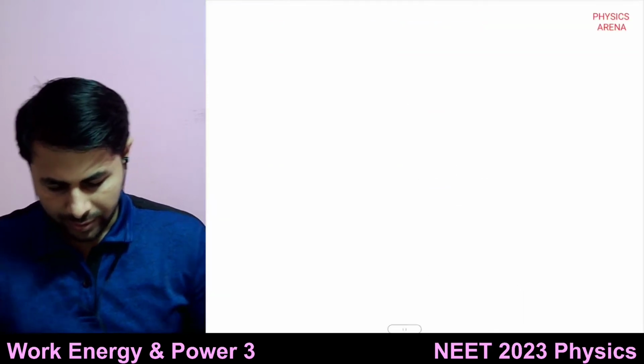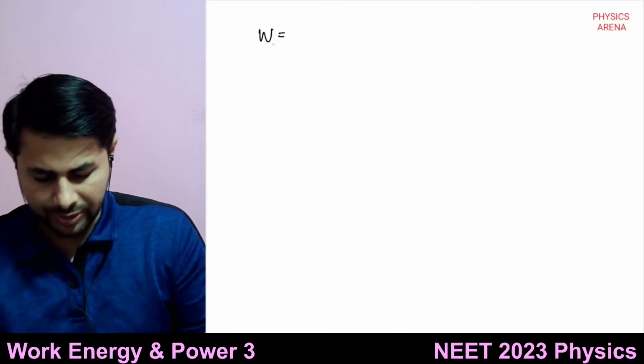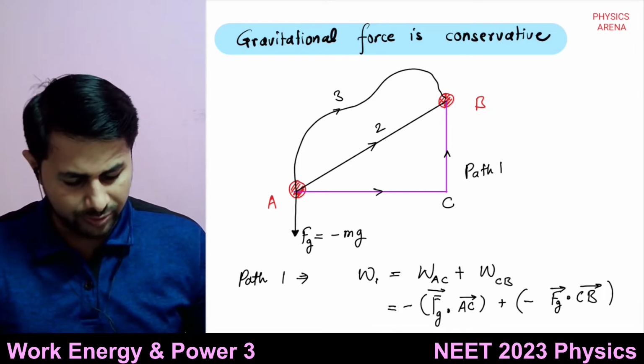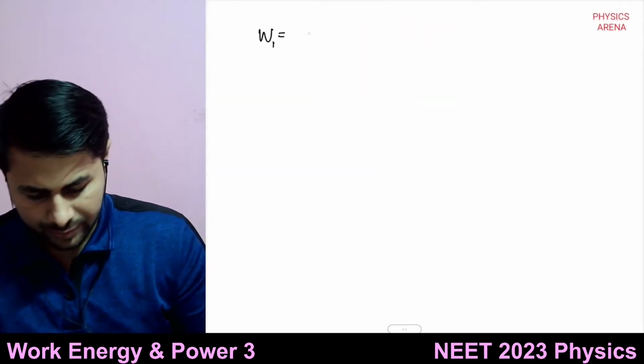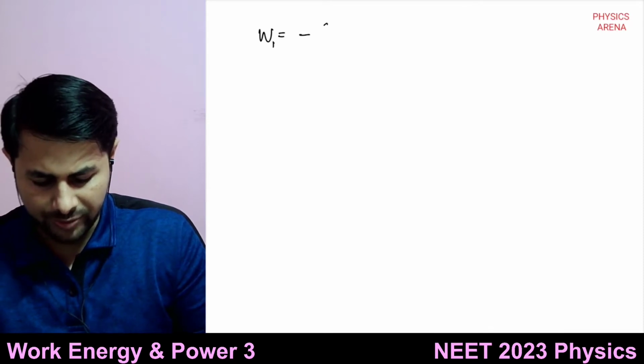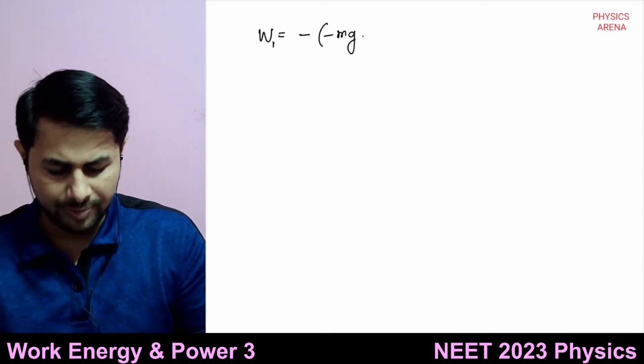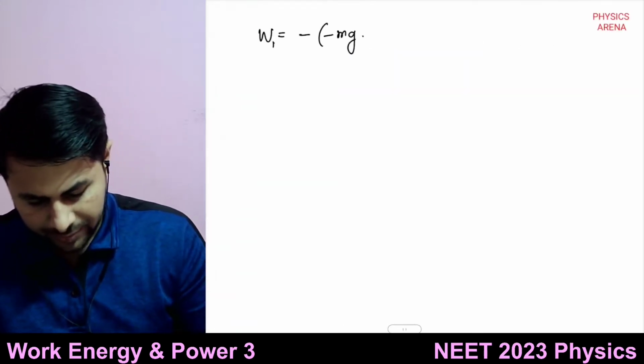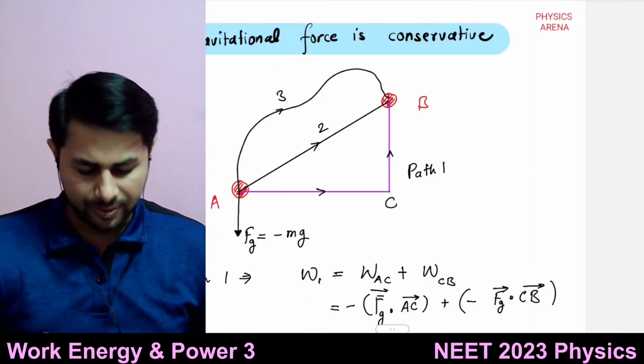Now work done against the gravitational force is, let's suppose, W1, so it is equal to minus of Fg, it is minus of magnitude of Fg, which is minus mg, multiplied by magnitude of this displacement from A to C, which is AC, multiplied by cos of the angle between them.